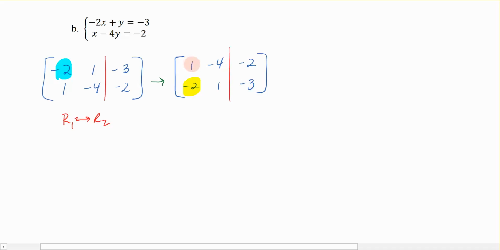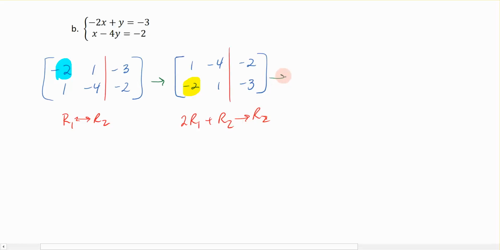So I have to multiply row 1 by 2 so that when I add it to -2, I get 0. So that's how I figure out what I want to multiply it by. So it's 2 times row 1 plus row 2 gives me the new row 2. I'm always multiplying and adding to the row I want to change.